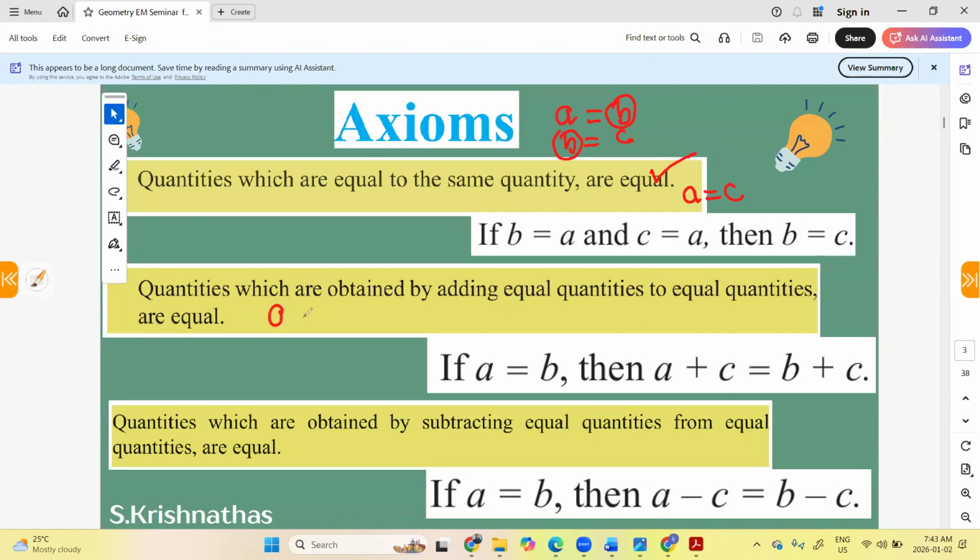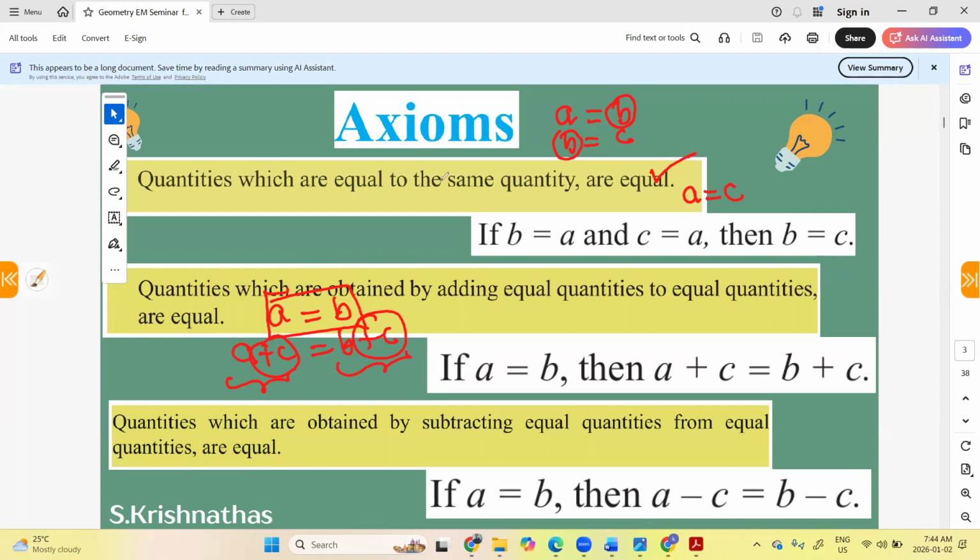For example, if A equal to B, I add equal quantities to the equal quantity, A plus C, B plus C. Now what happened? Both are equal. This is the second axiom.